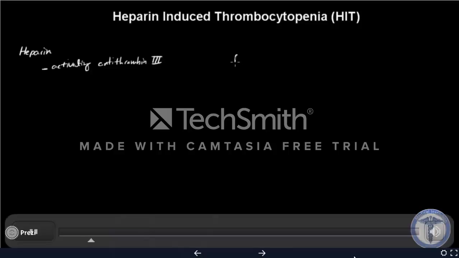So let's say we have fibrinogen, which gets converted to fibrin. And fibrin is one of the main important components of the coagulation cascade, right? So we don't want to make this fibrin. And in order for fibrinogen to get converted into fibrin, we need thrombin.